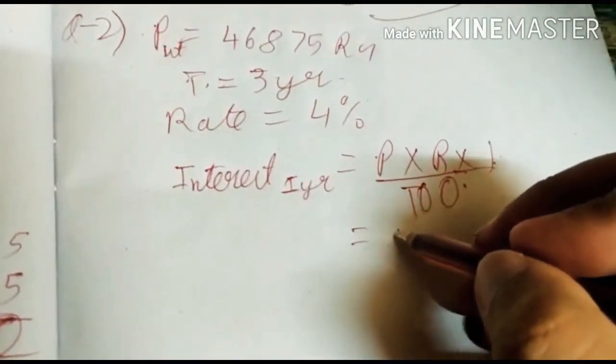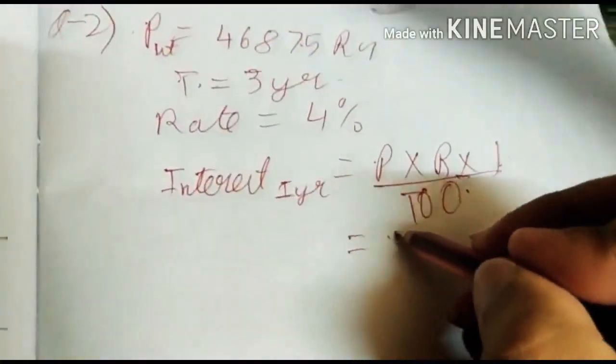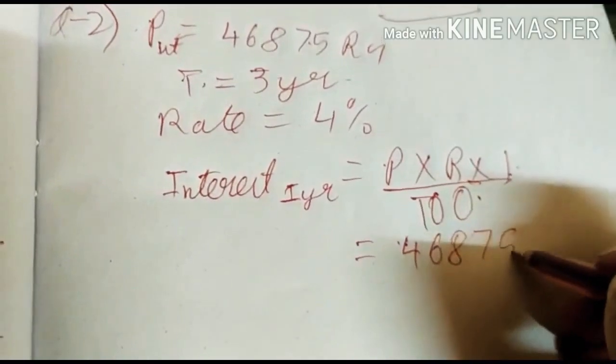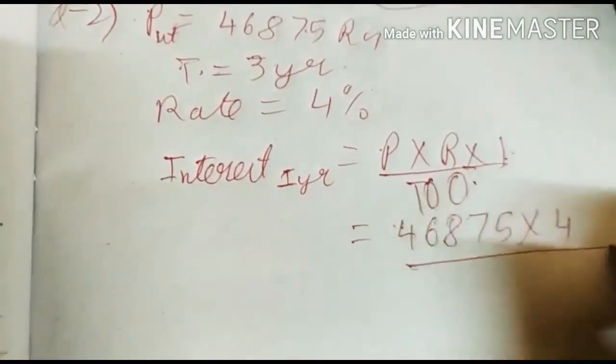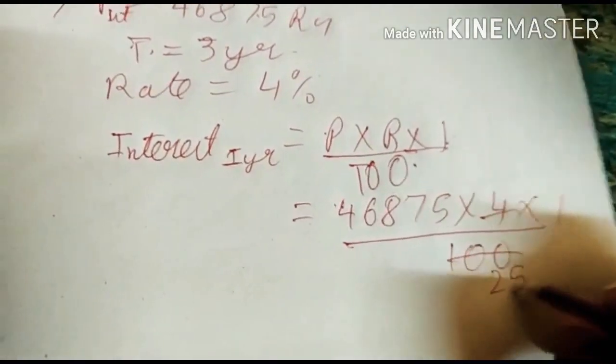So principal in the starting for the first year would be the original amount, the original principal. So 46,875 into 4 into 1 upon 100, 25.